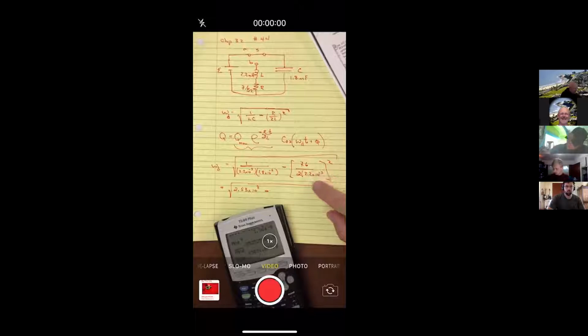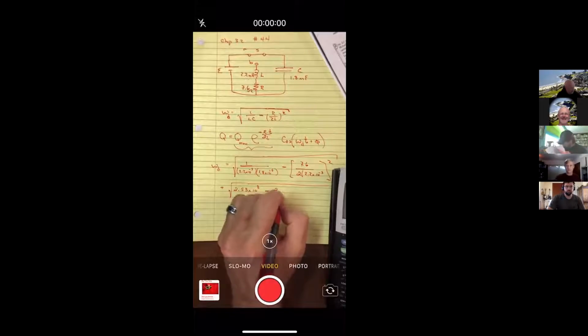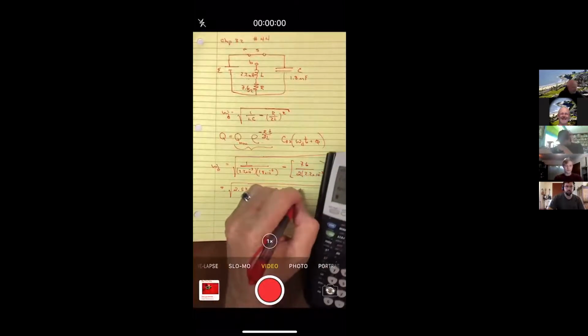7.6 divided by 2 divided by 2.2 times 10 to the negative 3. Square that. And we're looking at 2.98 times 10 to the 6.